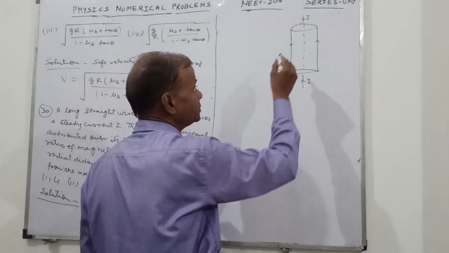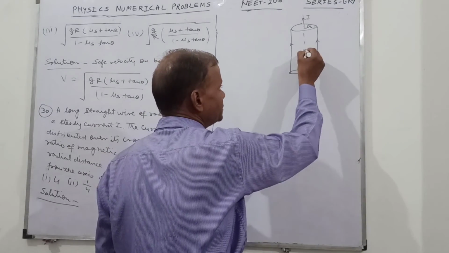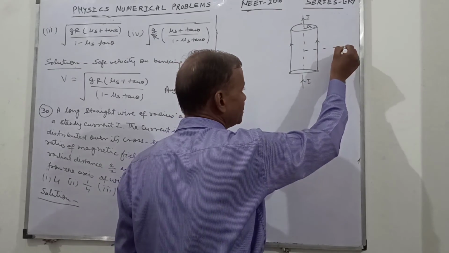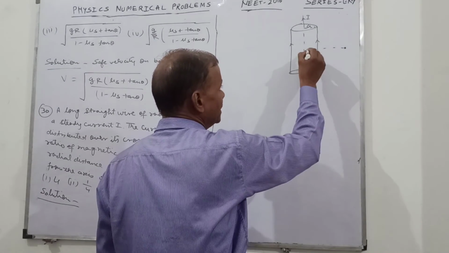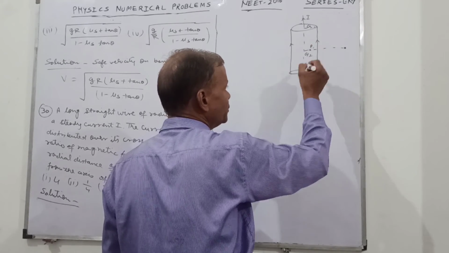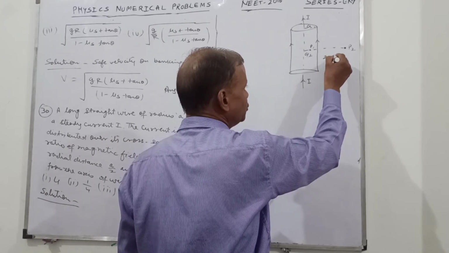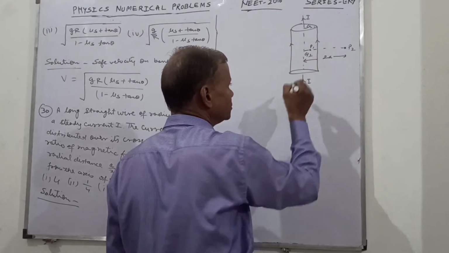This radius is given as A. These are the points, and this point is A by 2, suppose P1, and this is point P2, at 2A.